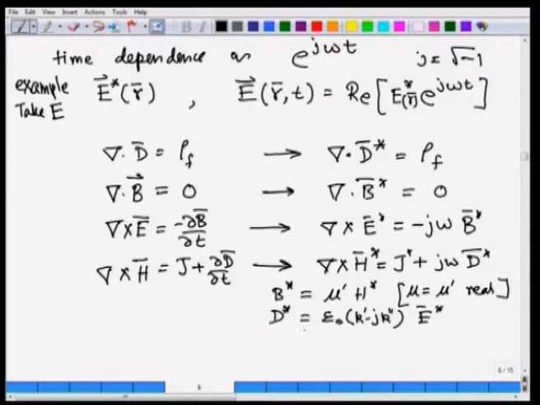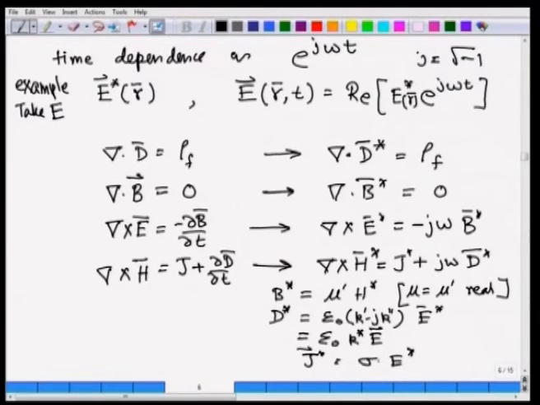And this we are going to write as epsilon naught k star E, and of course j is equal to sigma times E star, and this is the conductivity.